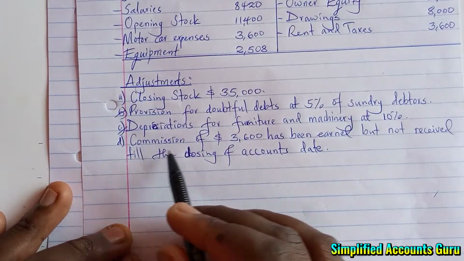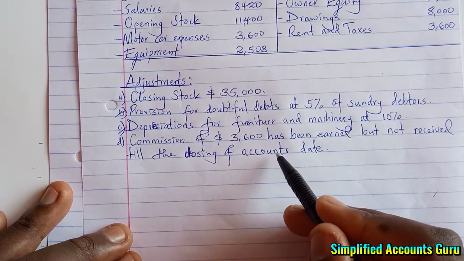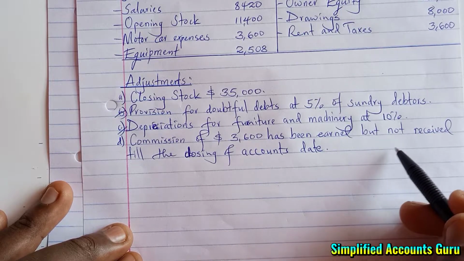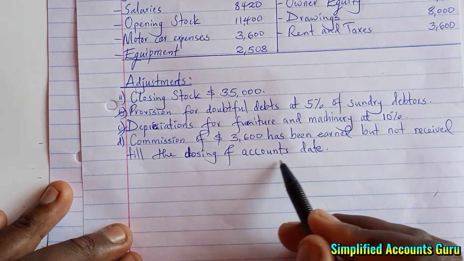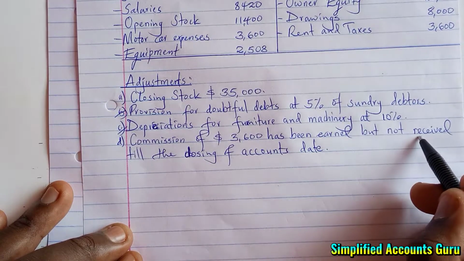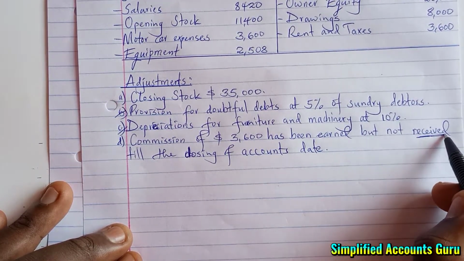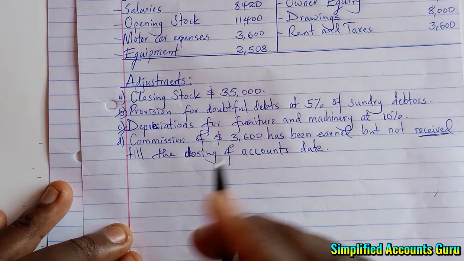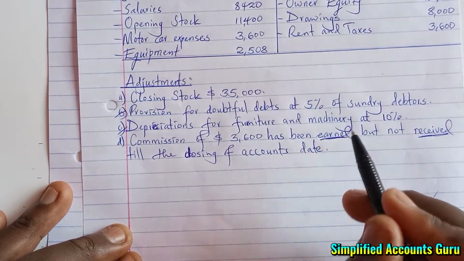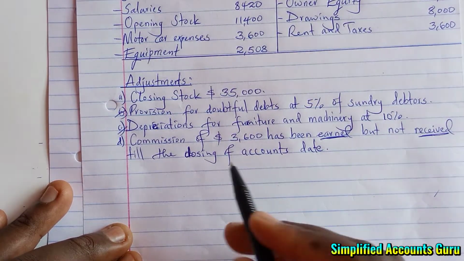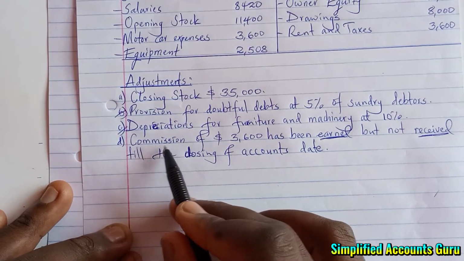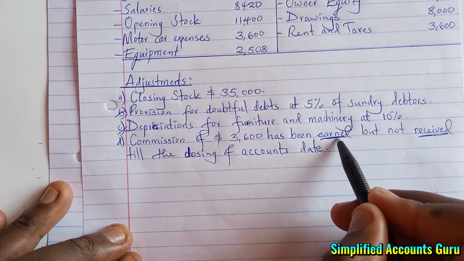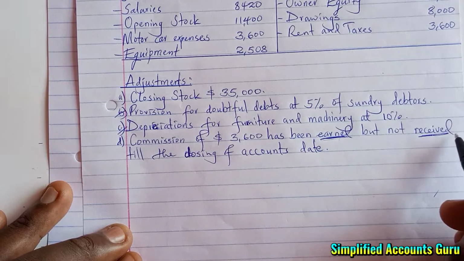The other one here is commission of $3,600 that has been earned but not received till the closing of accounts date. So the bit of "not received" tells you about something under the earned. So number one, we are being told that the commission income has already been earned but not received.